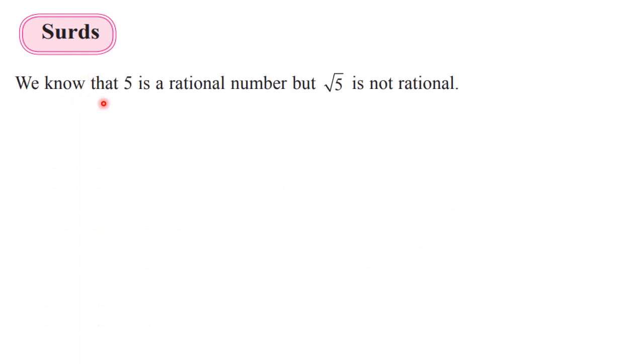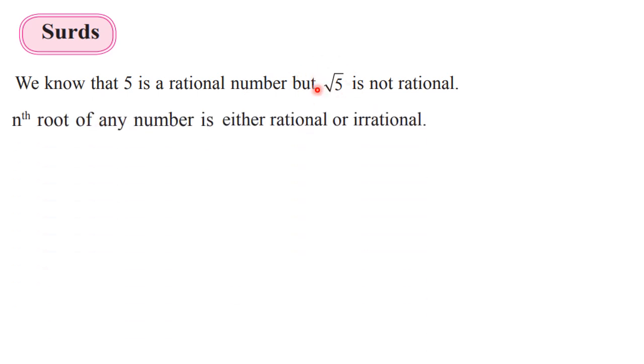We know that 5 is a rational number, but root 5 is not rational, or you can say that root 5 is irrational. We have proved this. We have written the proof for why root 2 is an irrational number. Similarly, we can prove that root 5 is irrational or root 5 is not rational. Okay, so such numbers, root 5, root 2, root 3, they are called as surds.